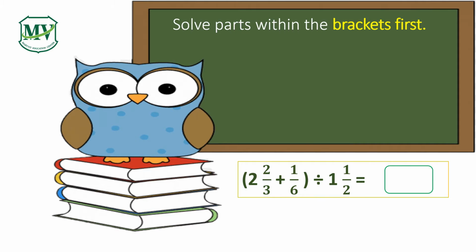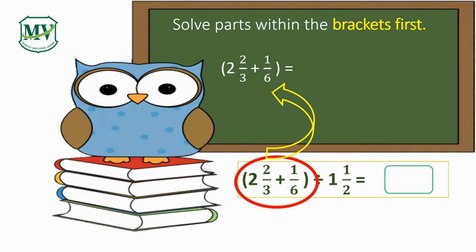From our given equation, we will simplify first the quantity of 2 and 2/3 plus 1/6. That is, the quantity of 2 and 2/3 plus 1/6 is equal to 8/3 plus 1/6.